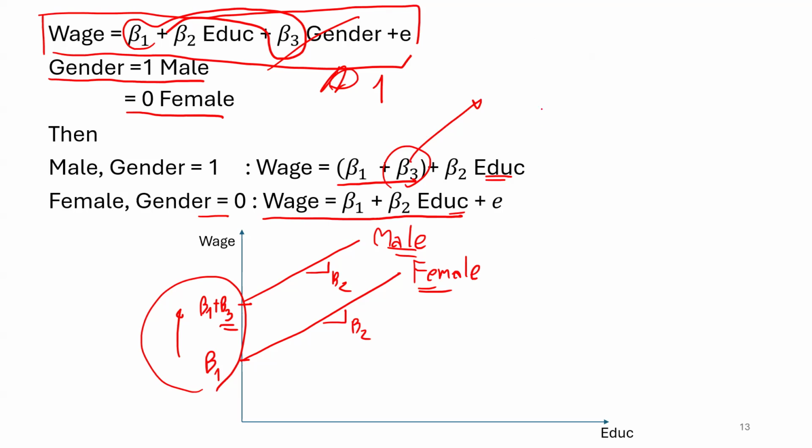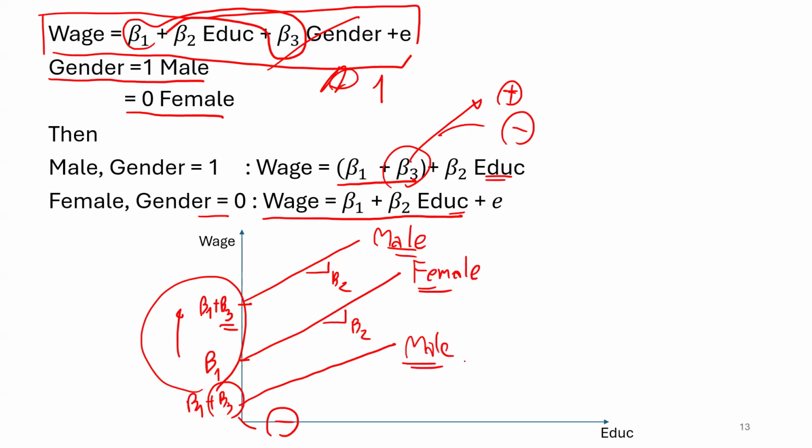If beta 3 is negative, the starting point beta 1 plus beta 3 would be lower, so male would be lower than female. So it depends on beta 3.